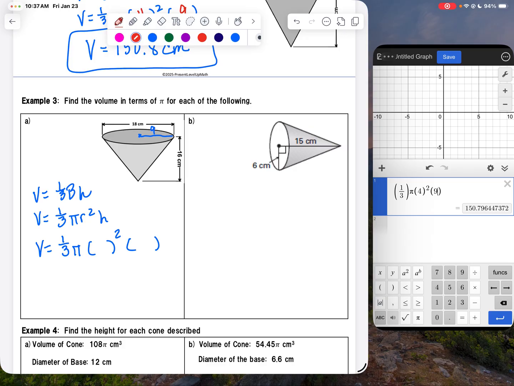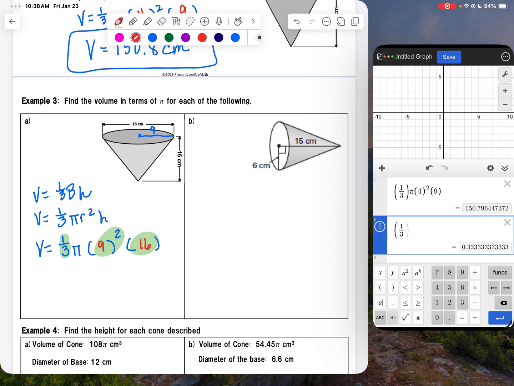So I'm going to plug in a 9 for the radius and a 16 for the height. Now, because I want to leave this in terms of pi, when I put this in my calculator, I'm only going to multiply the 1/3 times the 9 squared times the 16. Okay, here's what I mean by that.